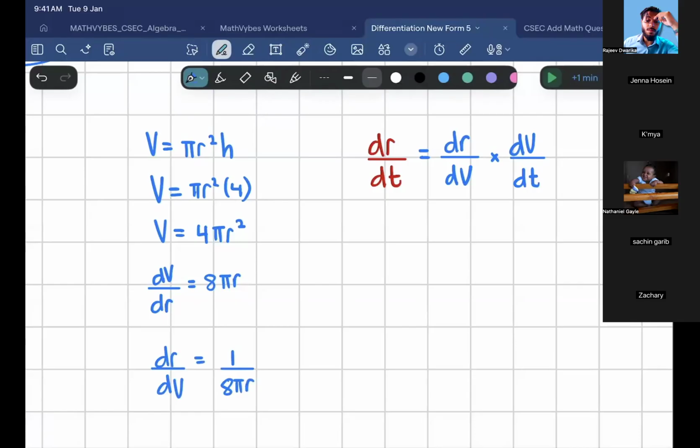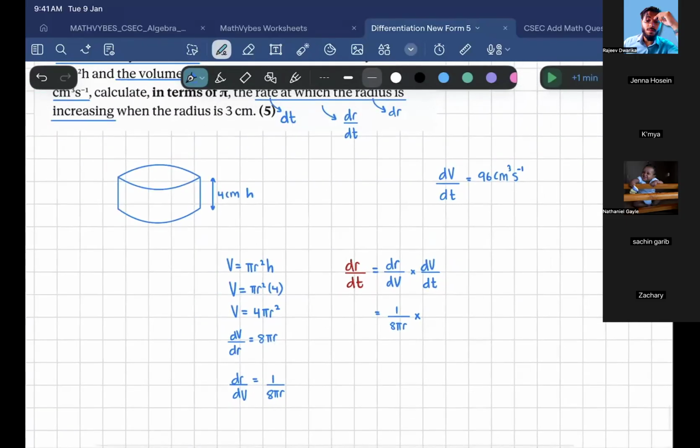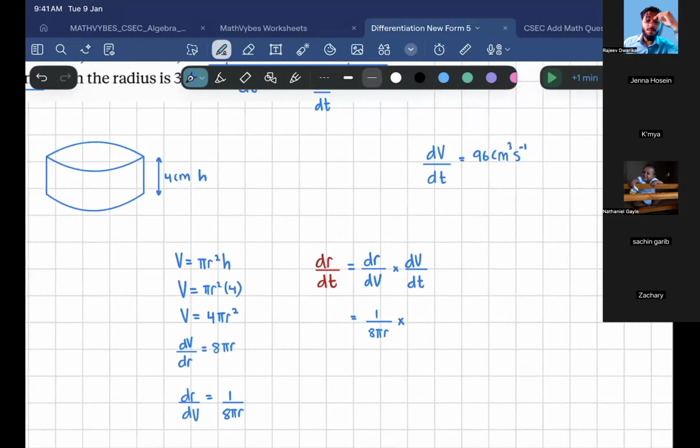Do you understand that or no? Yes, sir. Right, so that would now be 1 over 8 pi r multiplied by dV/dt. What is dV/dt again, guys? 96.